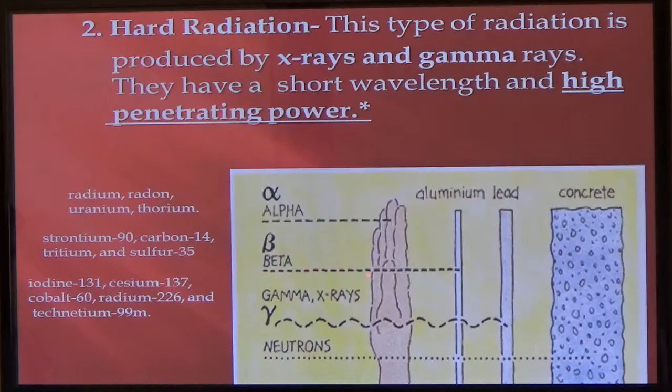These will be absorbed in your skin, but they'll be stopped by aluminum. X-rays will go through your skin and through aluminum, and they'll be stopped by lead, and that's why we use lead aprons when we take radiographs, because they stop that. And then neutrons, this is like an atomic explosion or atomic bomb. But hard radiation is what's in X-rays.